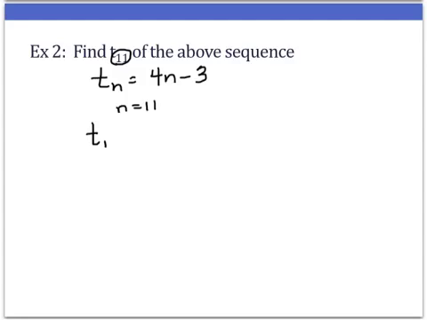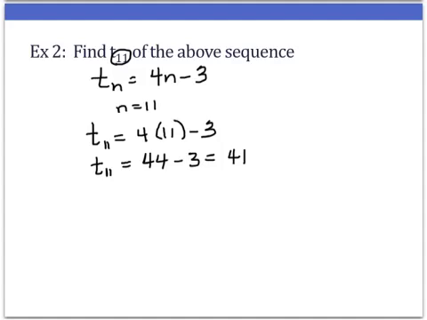So we'll have t sub 11 equals 4 times 11 minus 3, and so we'll have 44 minus 3, and that's 41. So basically this means if we start with our first term of 7 and we add 4 to it 10 times, we will get the 11th term, which is 41.